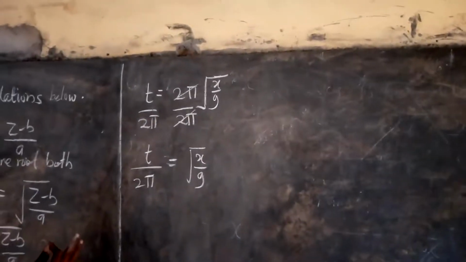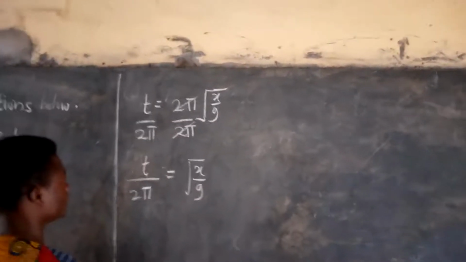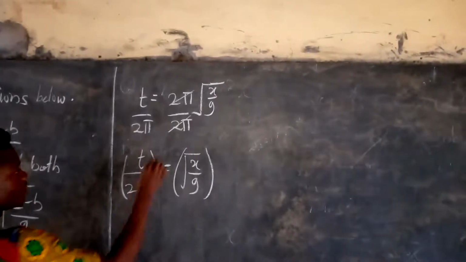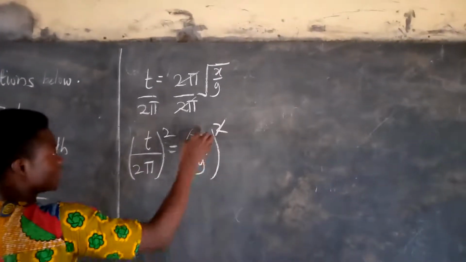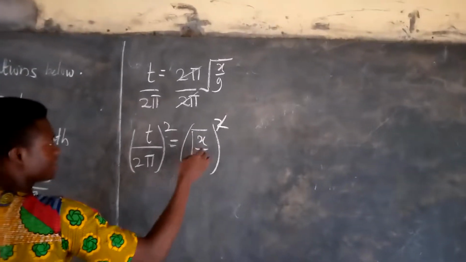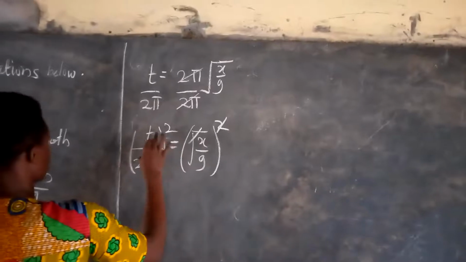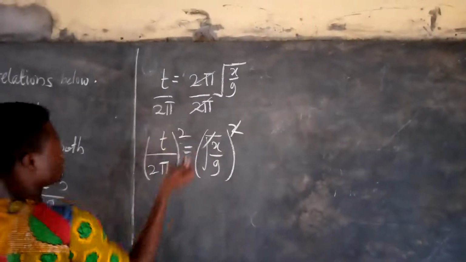Here we need to eliminate the square root. All you need to do is square both sides of the equation. Square this side, square this side. The square root is affecting the whole of this expression. So 2 will cancel the root, and t on 2 pi is being raised to the power 2.